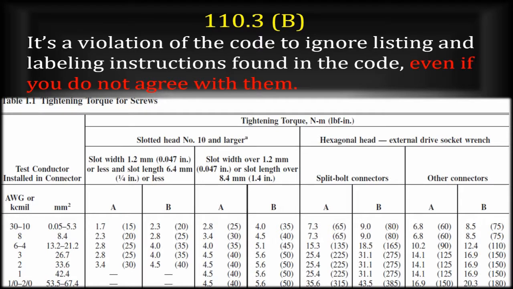110.3(B). Make sure that you don't ignore anything, right? It's a violation of the code to ignore listing and labeling instructions found in the code, even, of course, if there's something that you don't agree with. And yes, I have a table here, Table 1.1, that deals with torque specs.